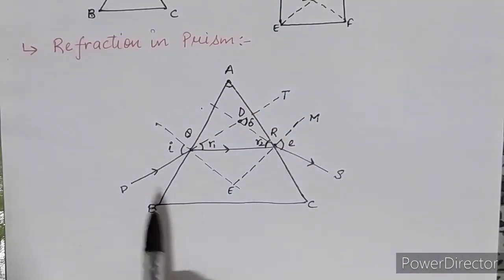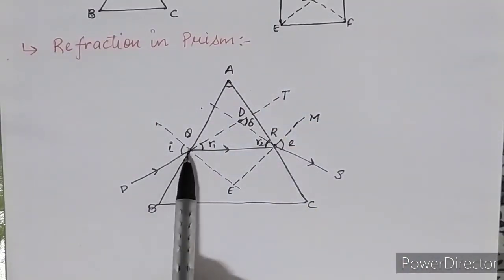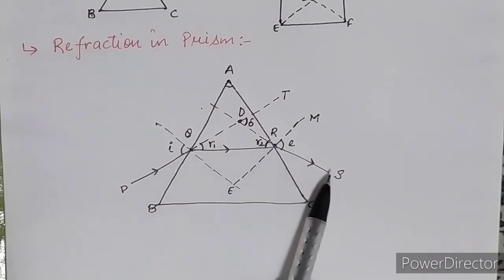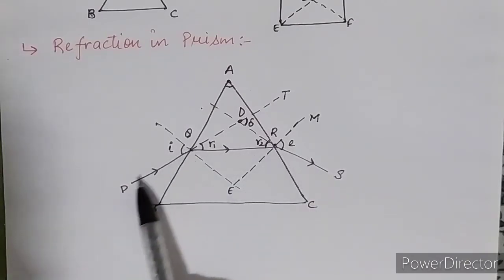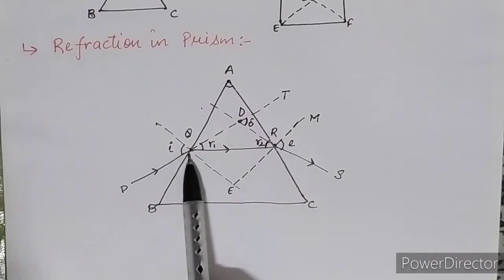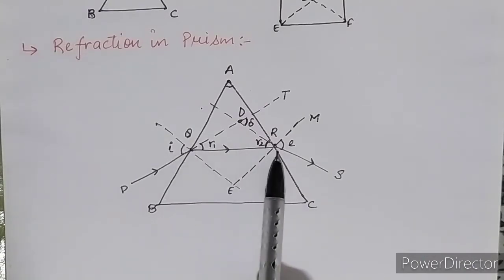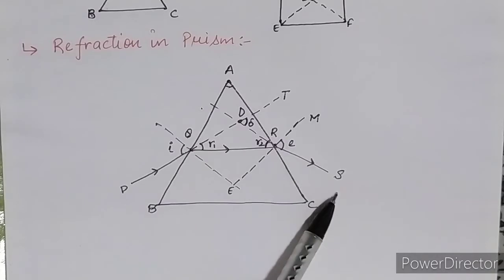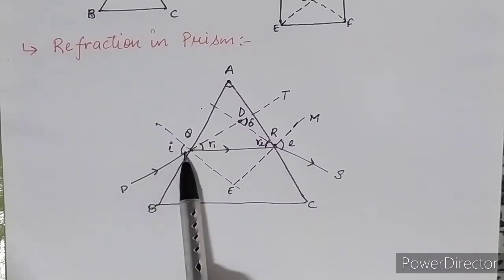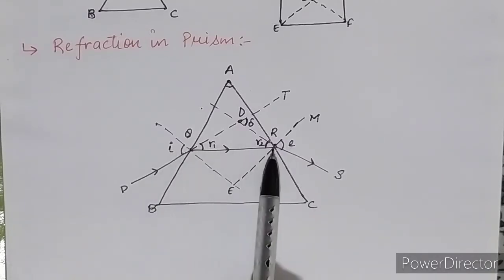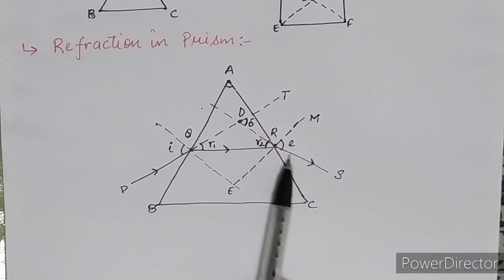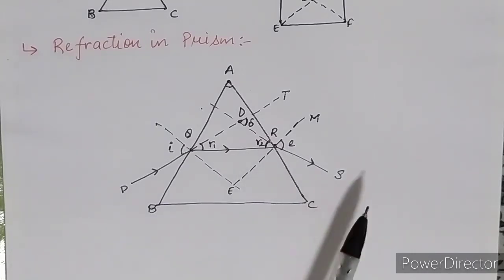Clear? The rays PQ, QR and RS: PQ is your incident ray, QR is your refracted ray and RS is your emergent ray.